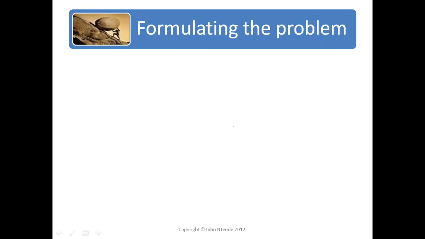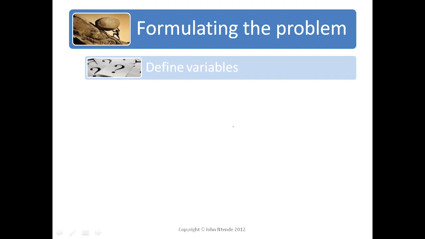So we need to have a systematic way of formulating the problem. Now in SCCA, the best thing is to always have a key set of tools. So when you see a question relating to linear programming, you know that you have a standard set of steps you need to use to solve the problem. So the standard set of tools you need to solve the problem is: 1, you define the variables.